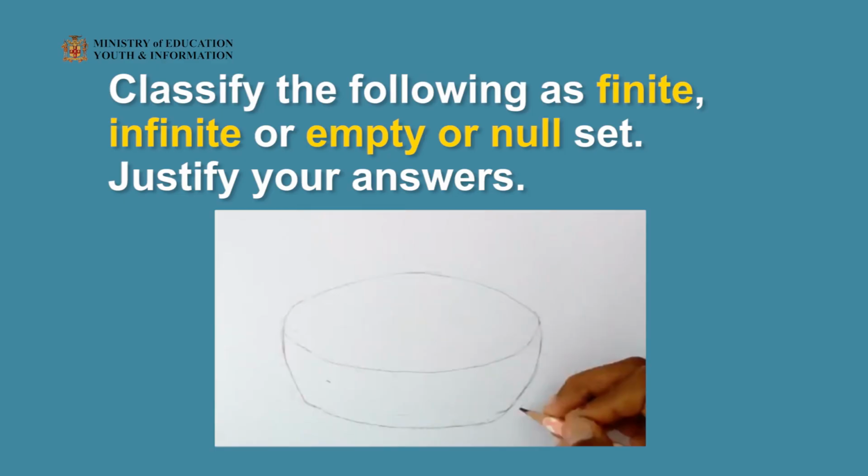Wonderful, boys and girls. There are no green apples in Mom's basket. Therefore, the set that represents Mom's basket would be an empty set.